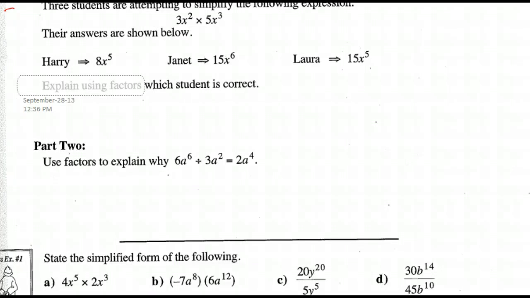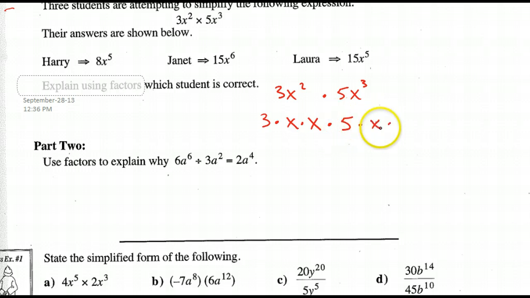So if I take 3x squared times 5x cubed, well, if I factor this, I will get 3 and 1 really, so just 3 times x, then 5 here, well, 5 factors into 5 and 1, so that's also a prime number, so 5 times x times x times x.